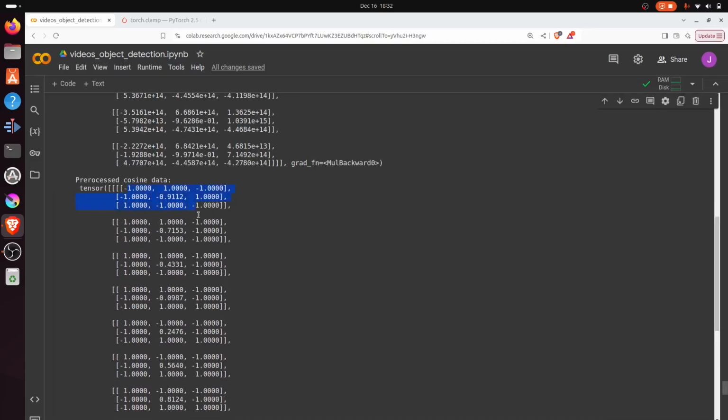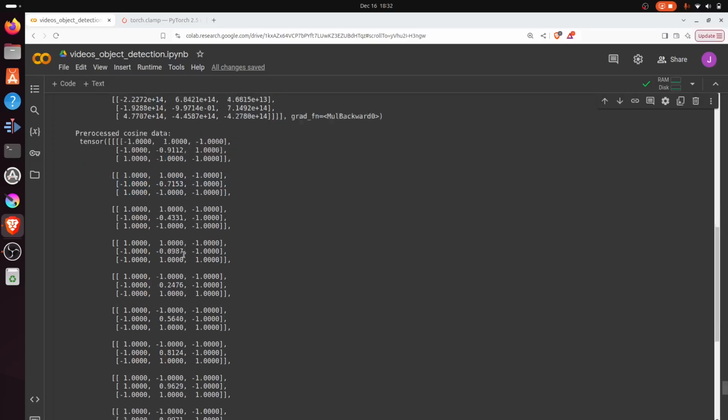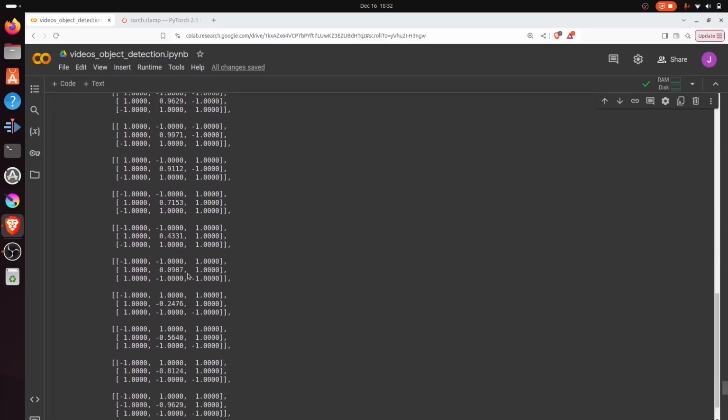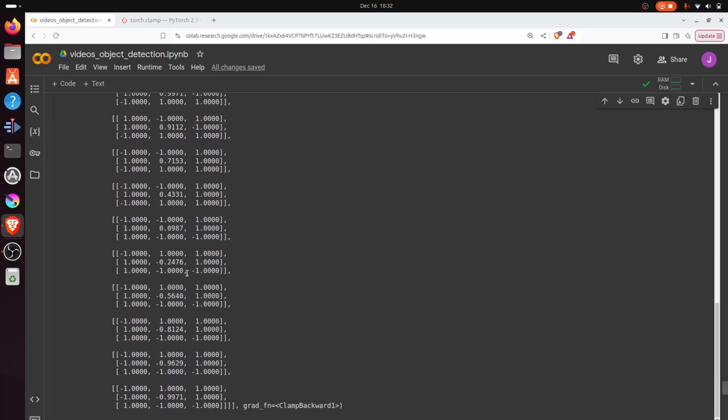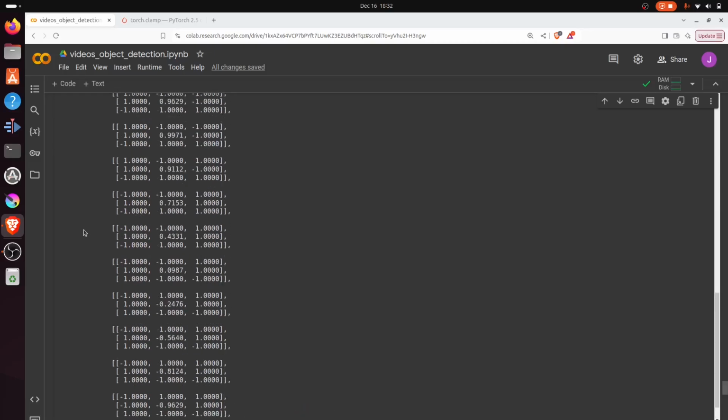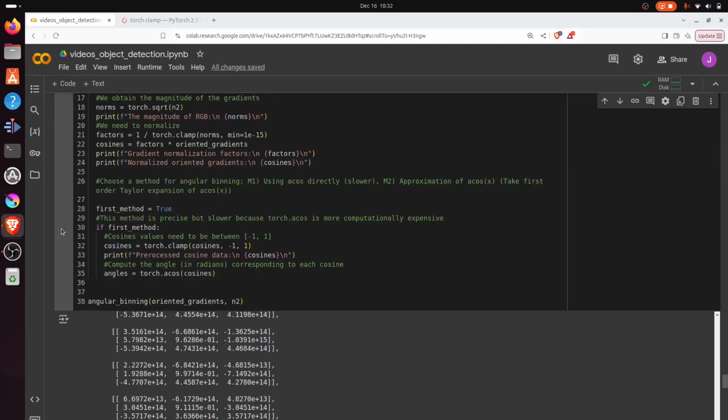It looks like it worked, because of course we don't see any values above 1 or below -1. Great. So let's continue.